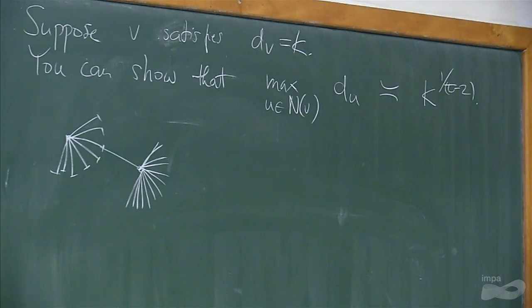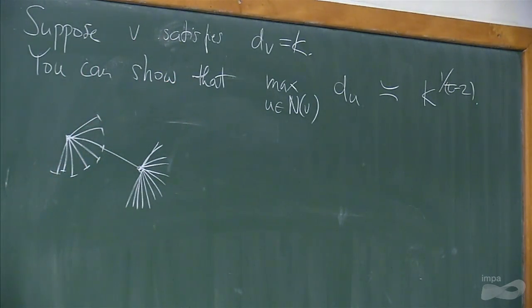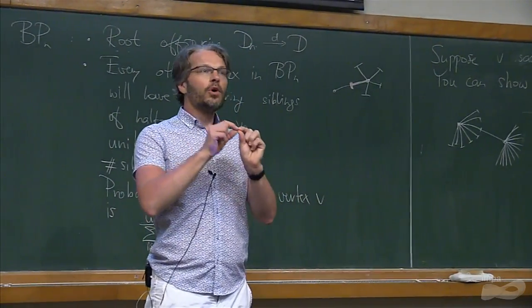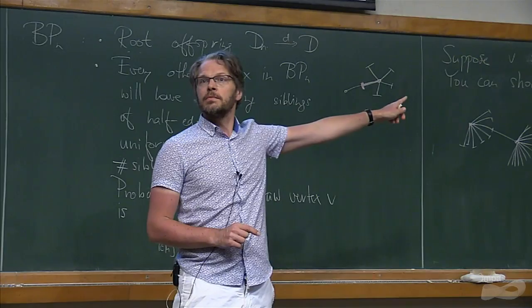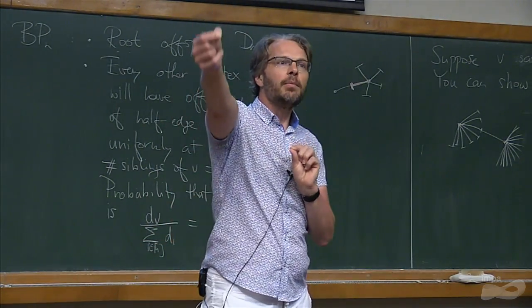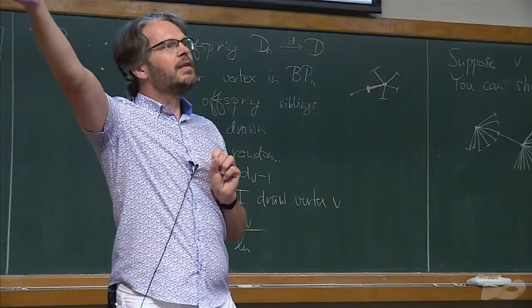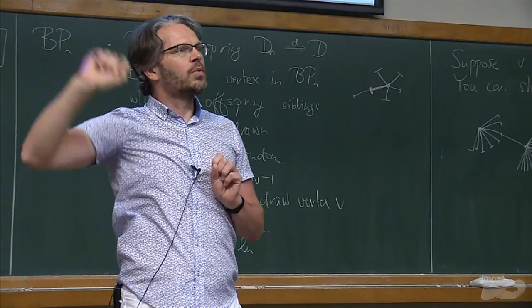What you can do is grow your graph up to distance r, and take the largest degree vertex in there. That's going to be of the order a constant times e to the power r, so it's very large. And then from that point on, every time you look at its neighbor that has the highest degree, and then the vertex neighboring that has the highest degree, and continue onwards.